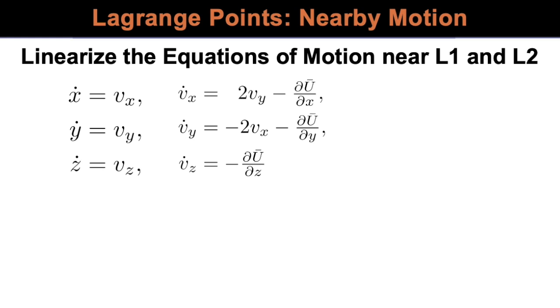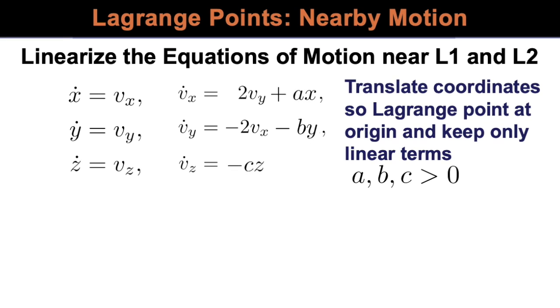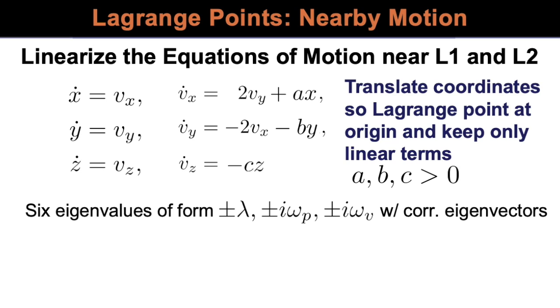So let's look at what the motion looks like here, near L1 and L2. We'll use the same kind of procedure of linearizing. So again, these are the full nonlinear ODEs. You can translate coordinates so the Lagrange point is at the origin, and then keep only linear terms. And here, A, B, and C are all positive real constants. The eigenvalues here are different from L4 and L5.